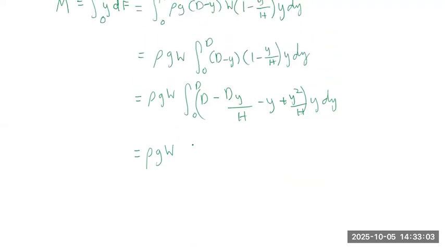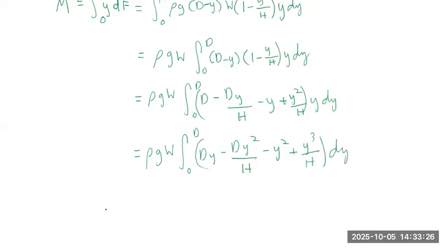But yes, so this one will give us the integral from 0 to d of dy minus dy squared over h minus y squared plus y cubed over h dy.